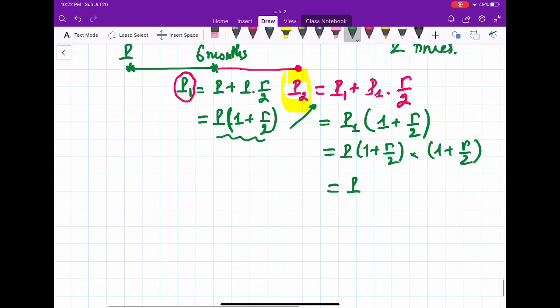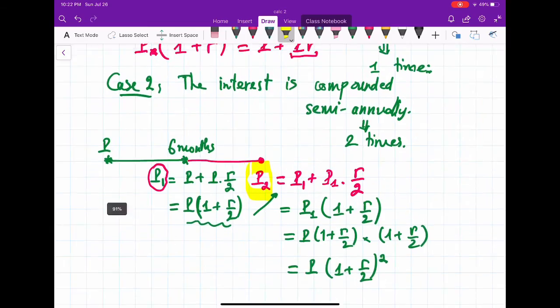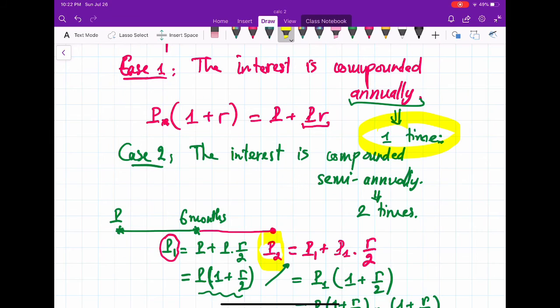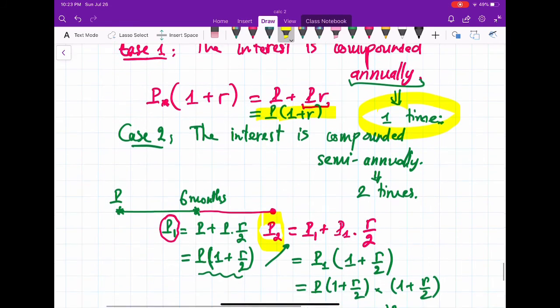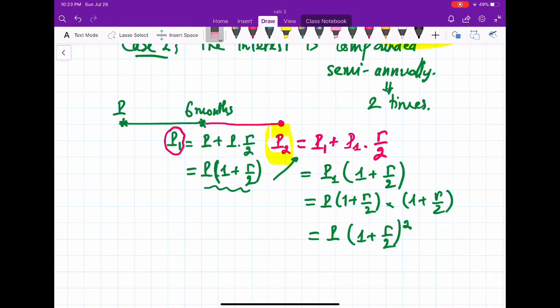That's why you have P times (1 plus R over 2) squared. Look at this. If the interest is compounded annually, means one time, you have this formula, P times (1 plus R). If the interest is compounded 2 times, that means semi-annually, so your amount in the account would be P2 equal to P times (1 plus R over 2), squared.